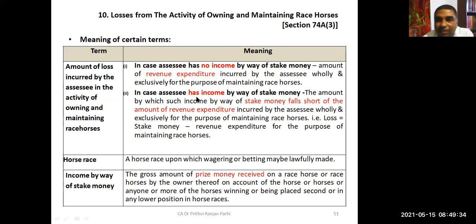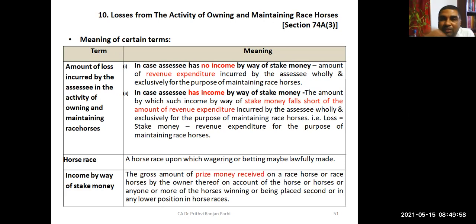What is the meaning of loss? I had not explained that to you at that point of time. Let us quickly understand the meaning of loss with regard to owning and maintaining of resources. If there is no income from that activity, then the entire revenue expenditure incurred for this activity is the loss. Income here means income by way of stake money, that is, prize money.